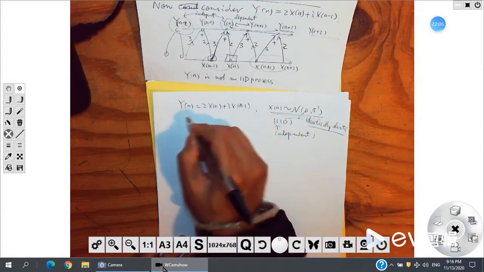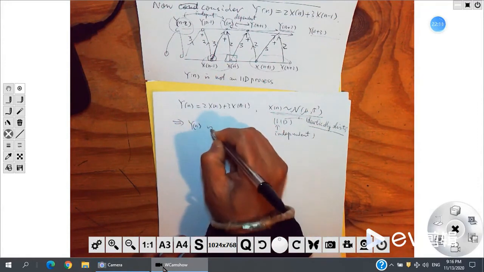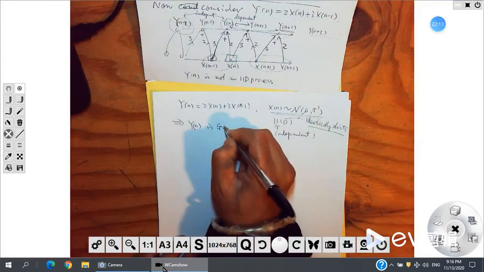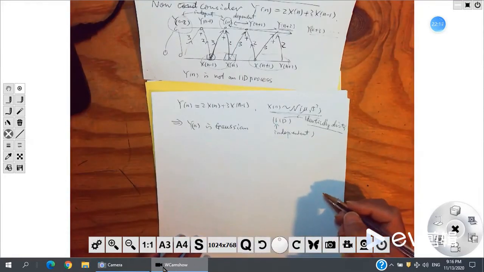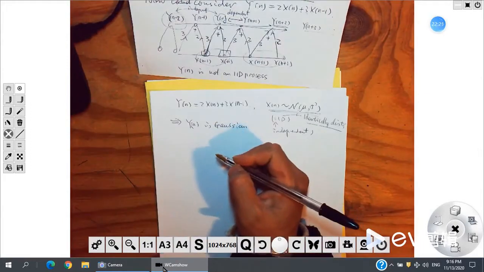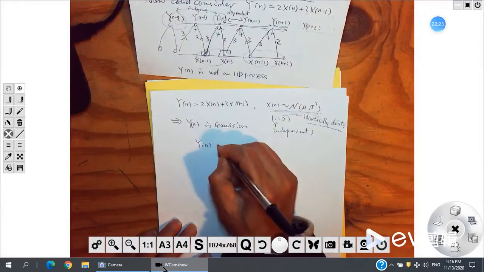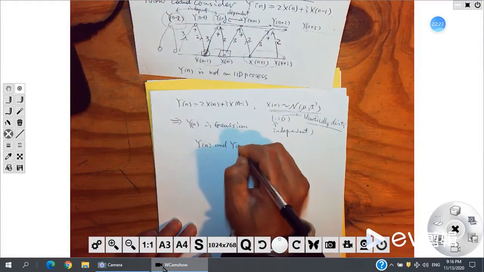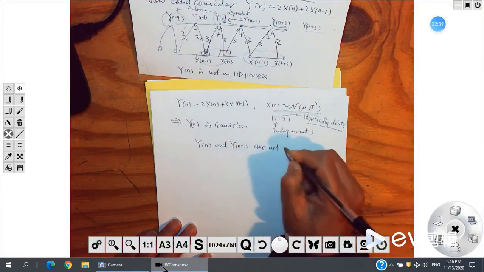So we can have y of n is Gaussian. We have this one. They are Gaussian, but they are not independent anymore. Y of n and y of n minus 1, they are not independent.